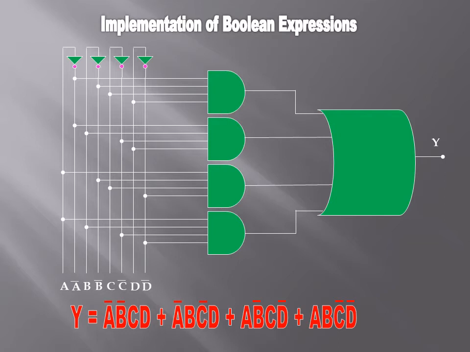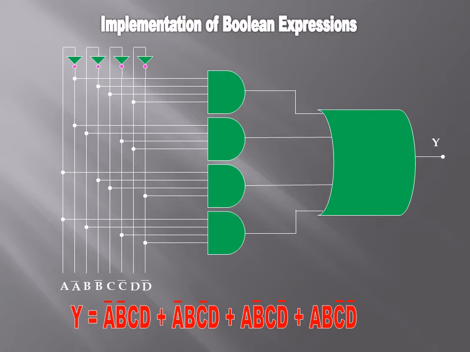The expression needs 4 four-input AND gates and a 4-input OR gate. Also we need 4 NOT gates to produce the NOT of all the inputs, A naught, B naught, C naught and D naught.